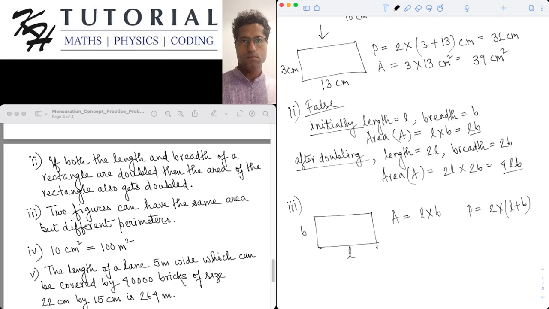That is, I am trying to give different values to L and B such that L into B is same, that is the area remains the same, but L plus B will vary.